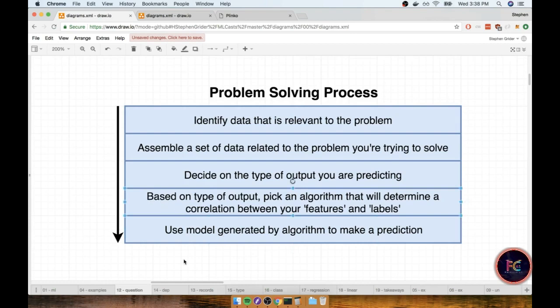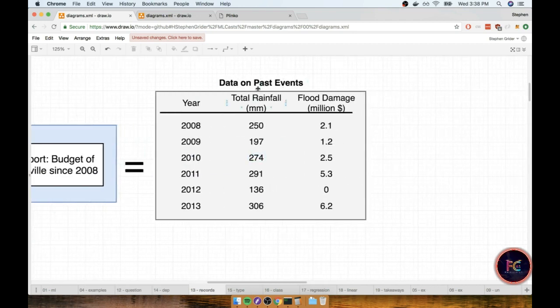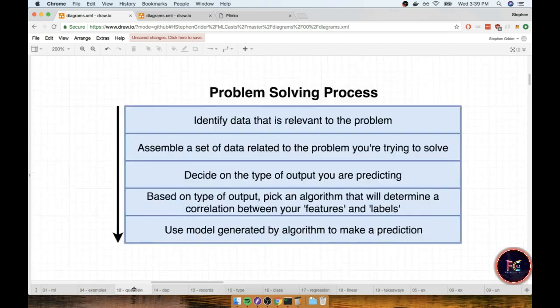So now, based on that type of output, which we said is regression in our case, we need to pick an algorithm that will determine a correlation or some relationship between all of our features, which you'll recall is the amount of rain that has fallen in this year, and our label, which is the amount of flood damage that we found. So we might go ahead and pick some arbitrary algorithm to try to solve this problem.